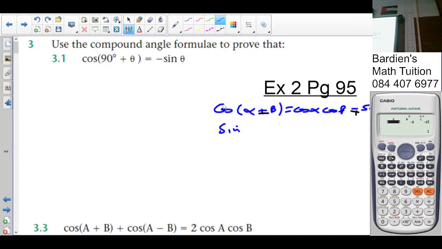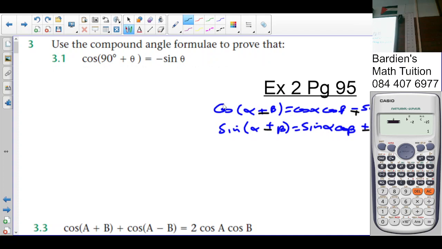As we have sine alpha plus beta is equal to sine alpha cos beta plus sine beta cos alpha. So if that is minus, then that would be minus.